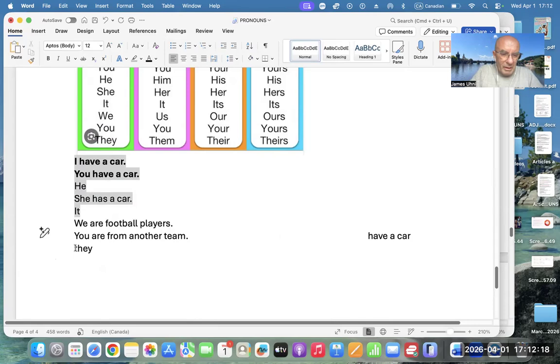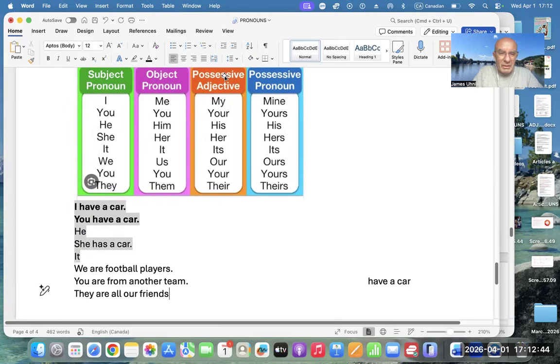And they are all our friends. Now, our comes from we. So we can blend it: possessive adjective. Our friends.